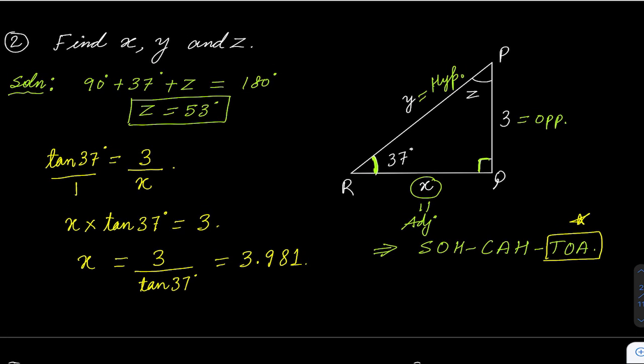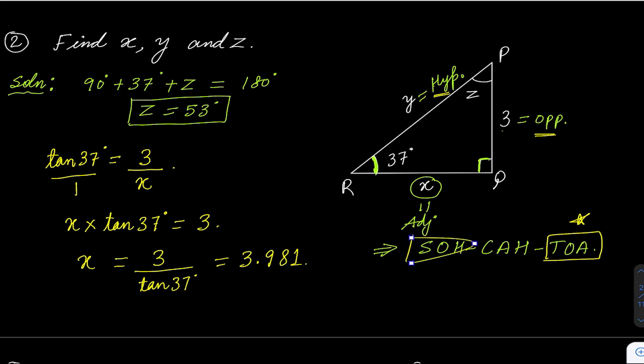Okay, so now I have x, I have z, I need y. Again I will see. Now I have opposite, I need hypotenuse. Which trigonometric ratio connects opposite and hypotenuse? First try to see this. Opposite and hypotenuse. Okay, sine. As you can see, SOH.